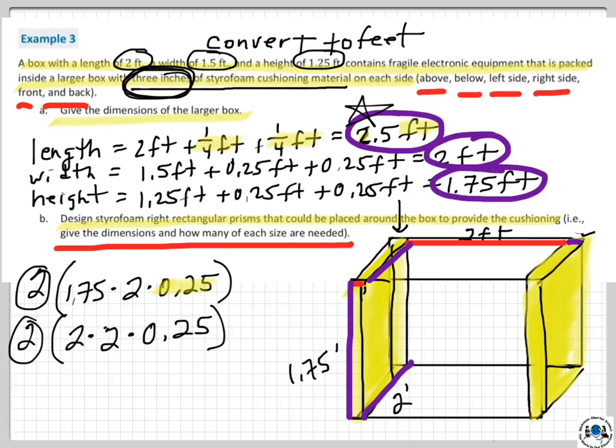So I need 2 of those as well, and there they are drawn in, kind of. If I can draw them in a little bit more here, I can fill them in.